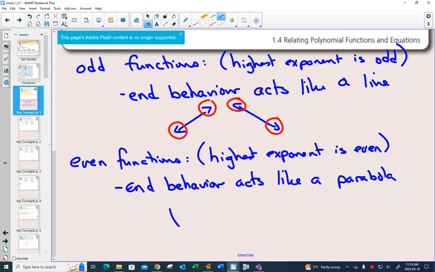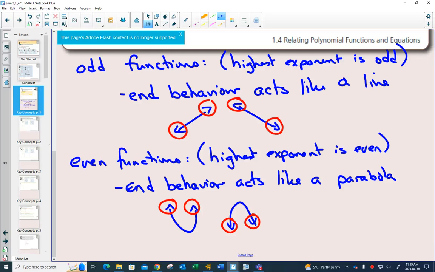So you had parabolas that were opening up, and you have parabolas that open down. So anytime you have an x to the 4, or an x to the 6, or an x to the 8 graph, your end behavior is going to look like this.